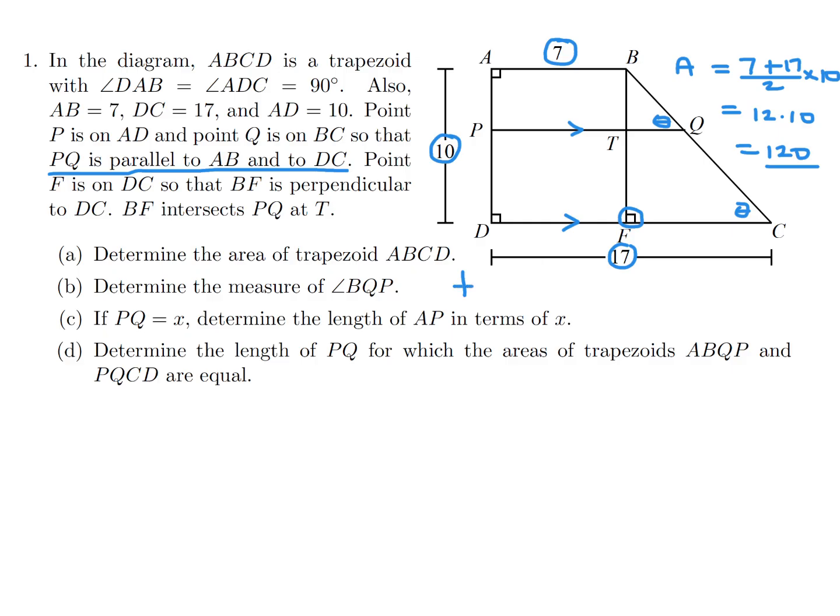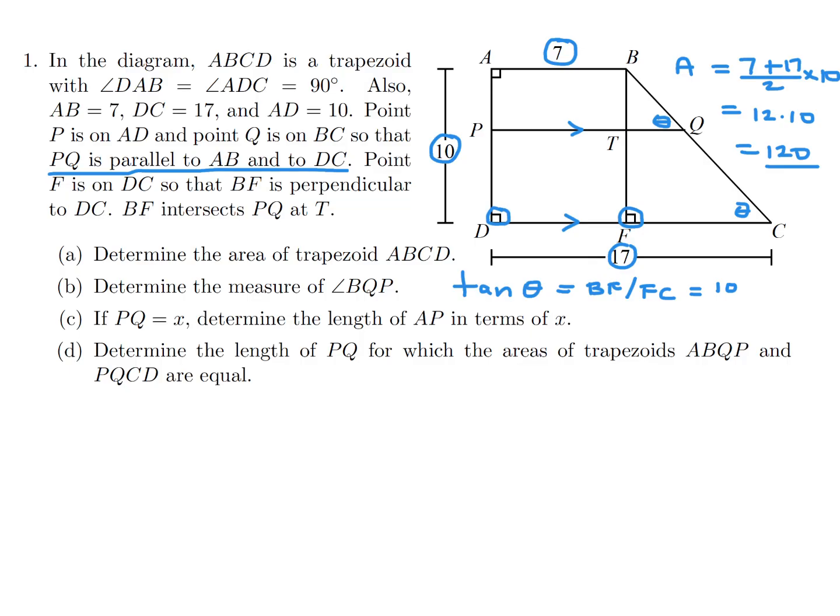I can use tan. Tan of theta would be BF over FC. Now BF is top to bottom, which is 10, because BF and AD are parallel, because they're both hitting at right angles.